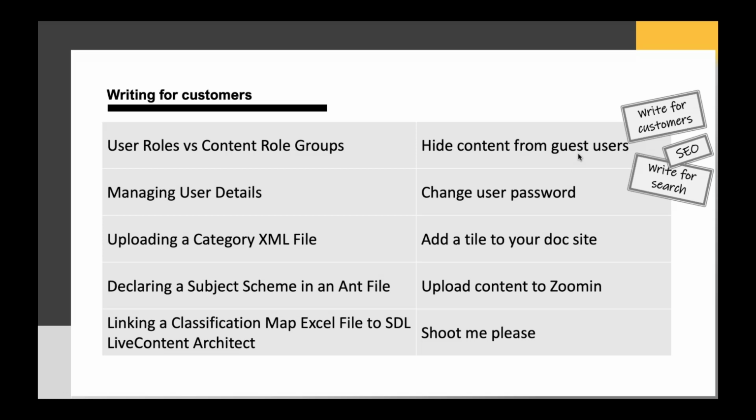Or user permissions or something, which is also very interesting, because if I want to hide content, or maybe I'm typing in permissions, or maybe I'm typing in hide, then even though strictly speaking those two are not synonyms, hide and permissions, from a search point of view, from a customer focus point of view, I might want to make those two words synonyms. So when a person types hide, the search engine looks for the word permissions, or vice versa. I don't know which one it would be, but this is the kind of customer-oriented thinking that you need to have, okay?